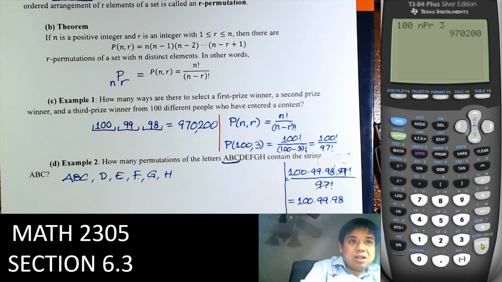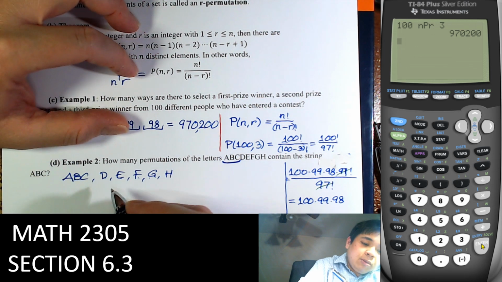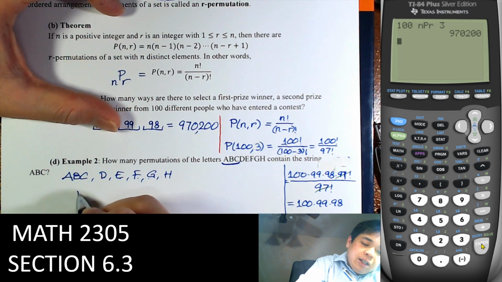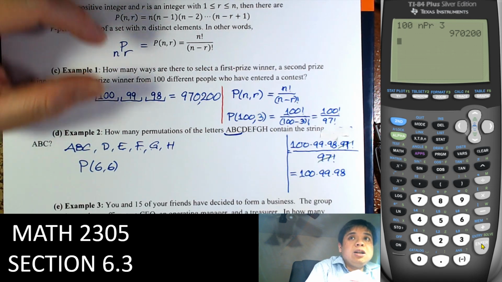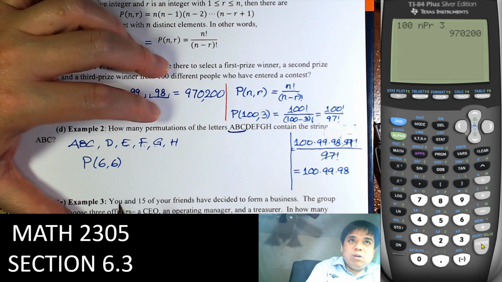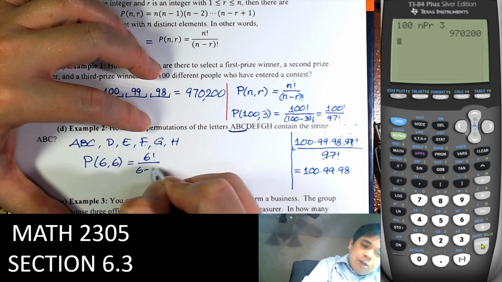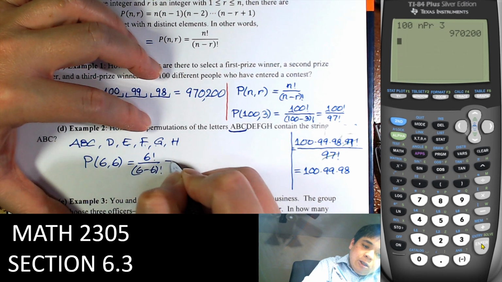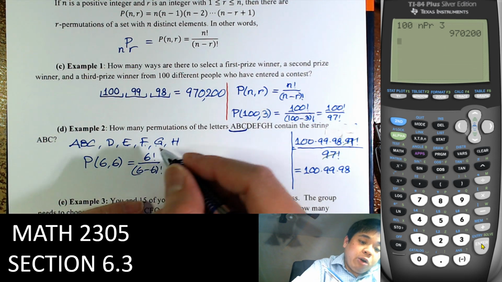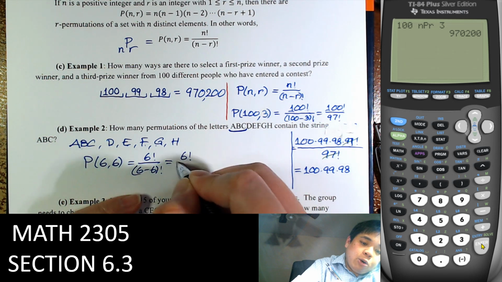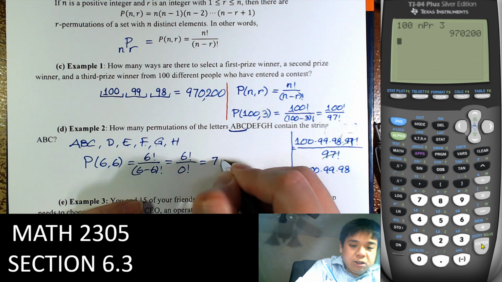That's 6 units, and if we scramble them, we have 6 out of 6. Of course, we use the formula: 6 factorial over 0 factorial. 6 factorial is 720.